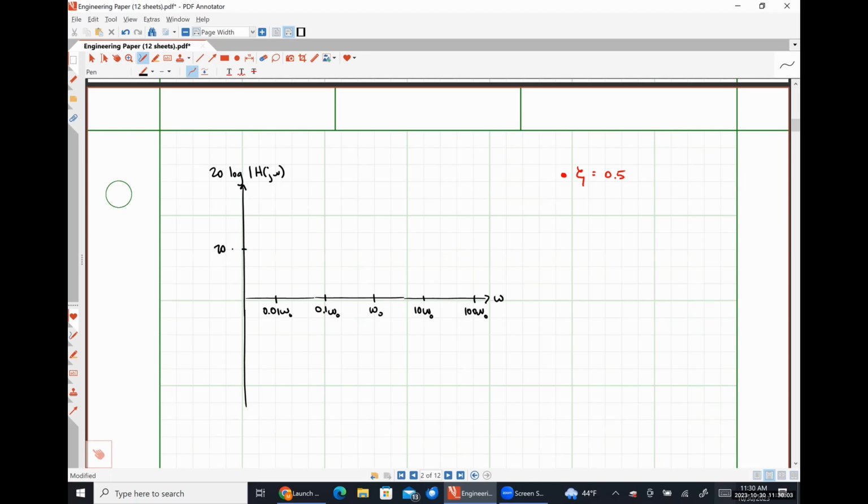So this will be positive 20 dB, positive 40, negative 20, negative 40, like so. So we would have something like this, where 0 decibels until we hit our corner frequency, and then we are going to decrease at a slope of negative 40 decibels per decade. So something like that.